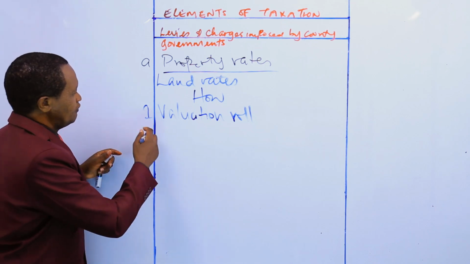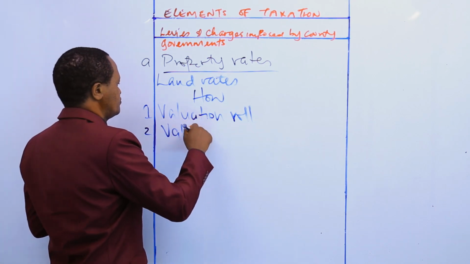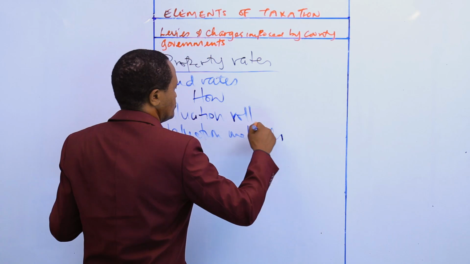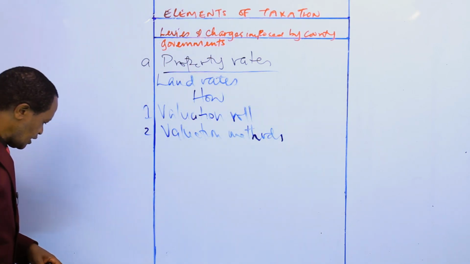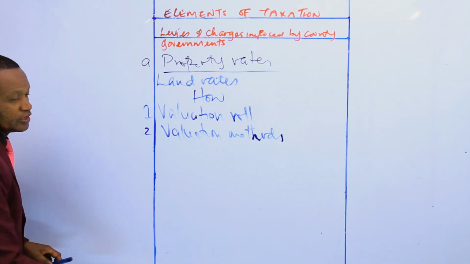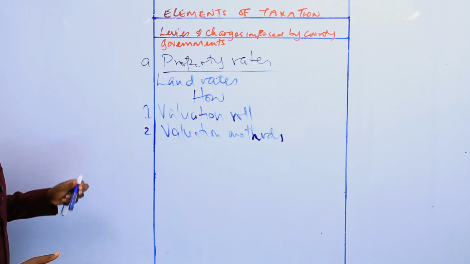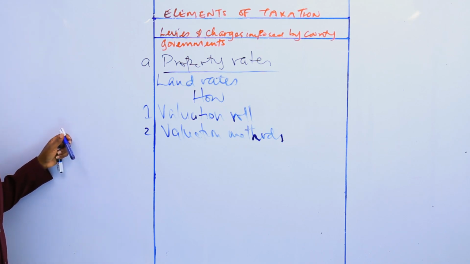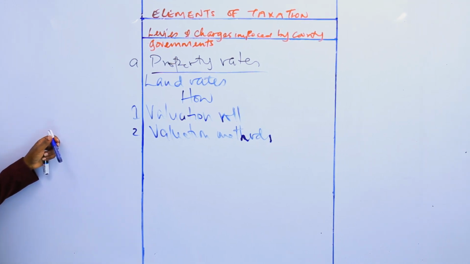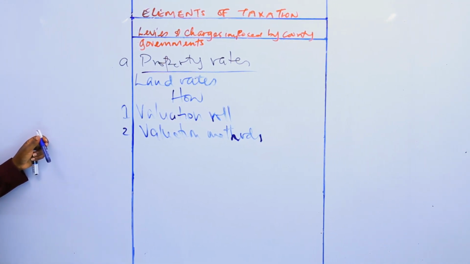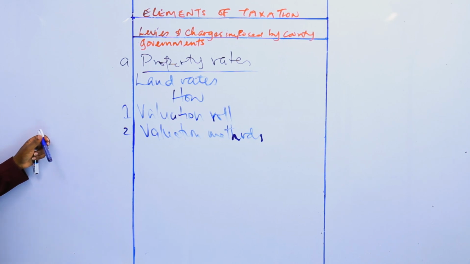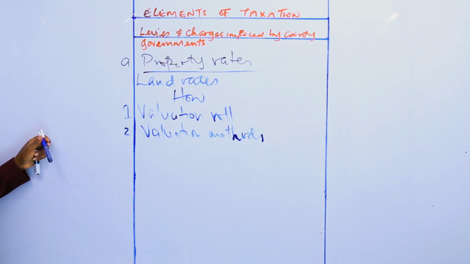Then number two, we have valuation methods. Now, the valuation of properties for rating purposes can be based on different methods, including annual rental value, which focuses on the potential rental income a property could generate.